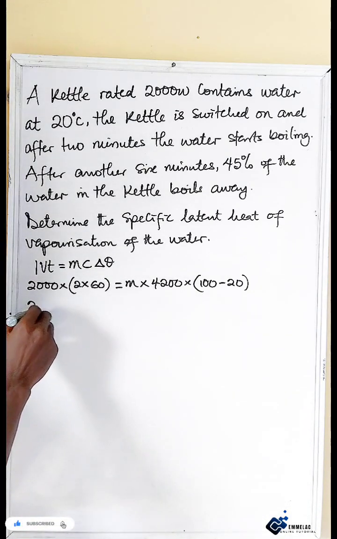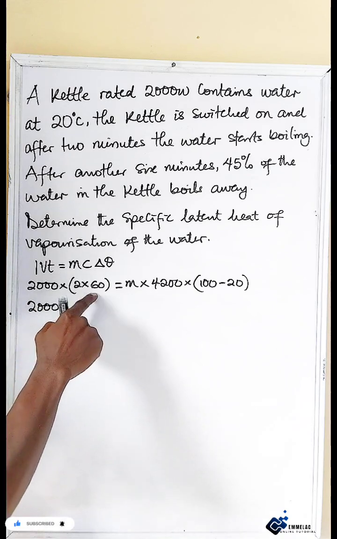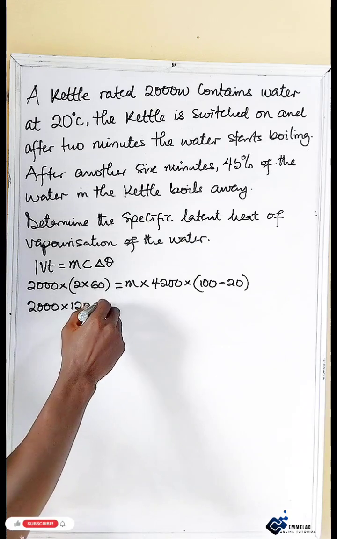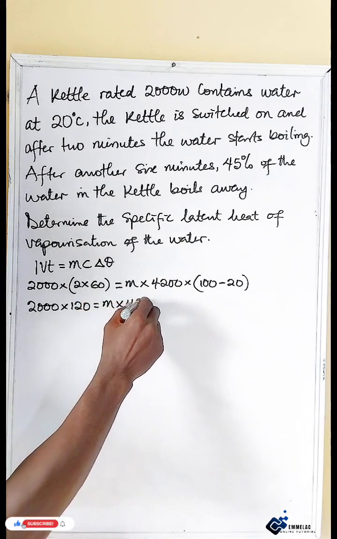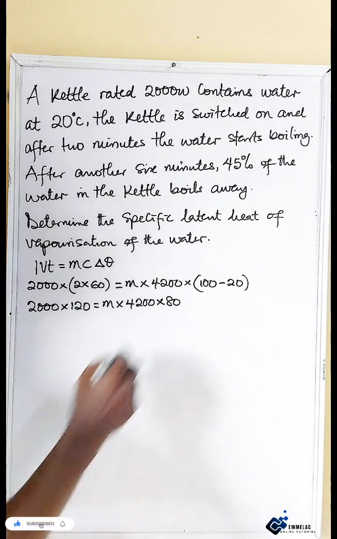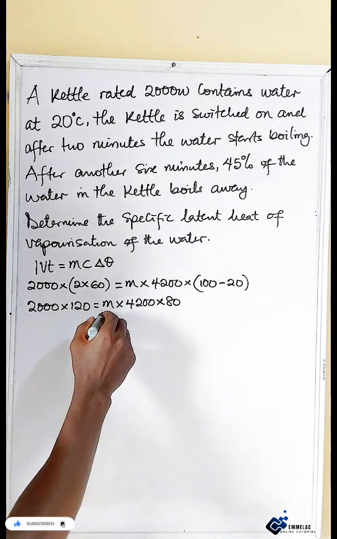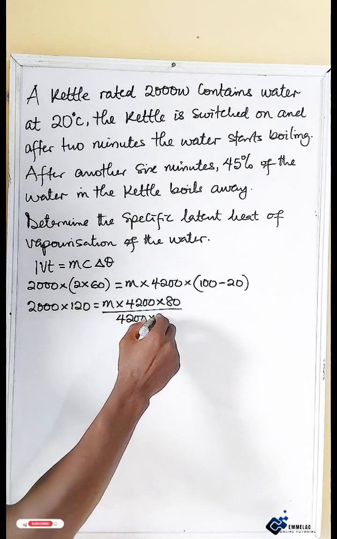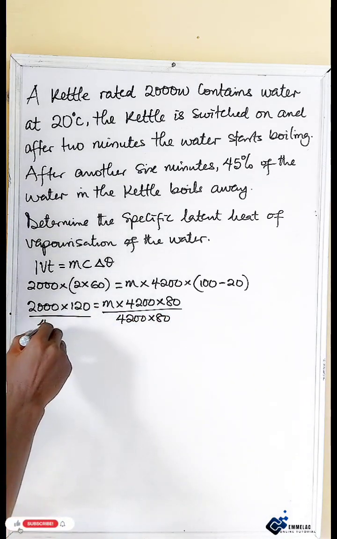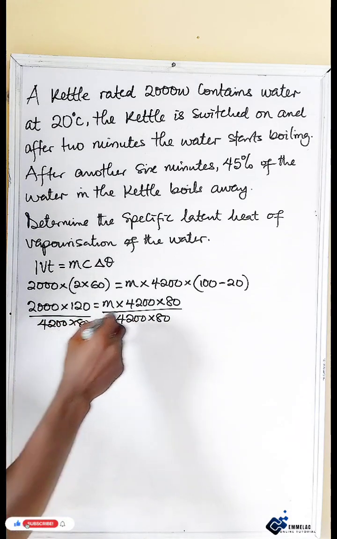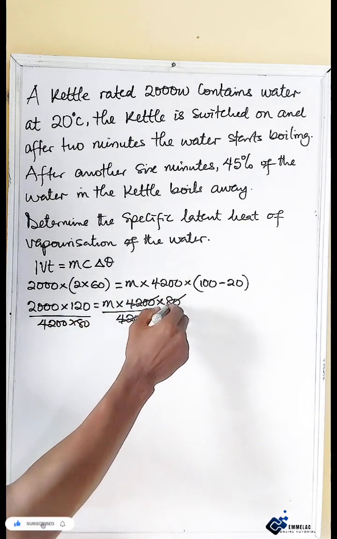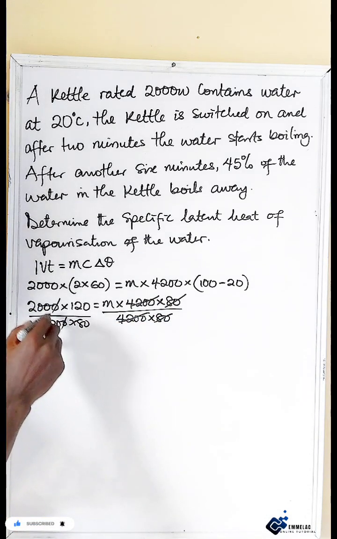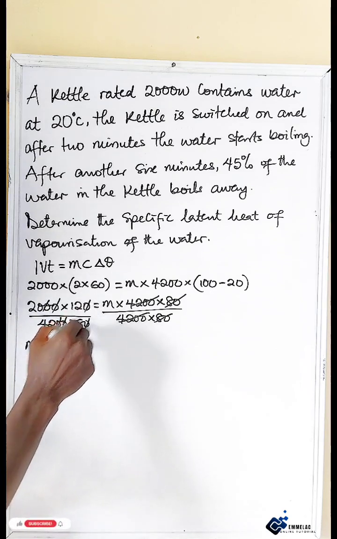So here we have 2000 times 2 times 60, which gives us 120,000, equals mass times 4200 times 80. Now let's divide both sides by the coefficient of m, which is 4200 times 80. The whole of this eliminates, so m equals... zero cancels zero, zero cancels zero, zero cancels zero.